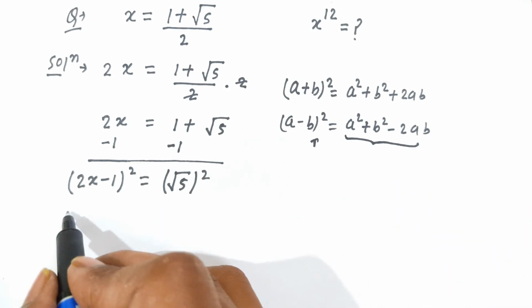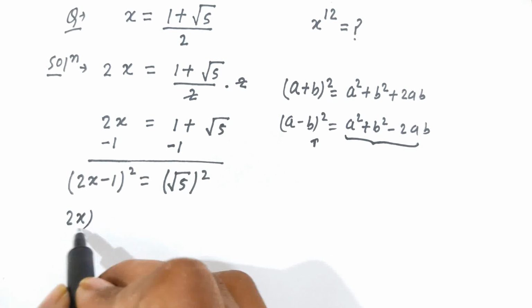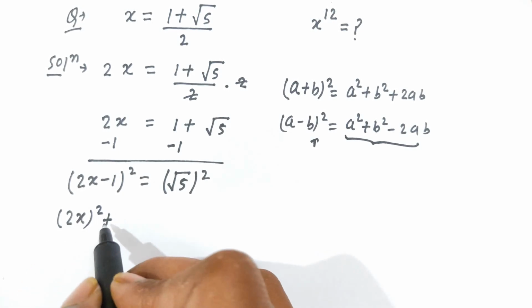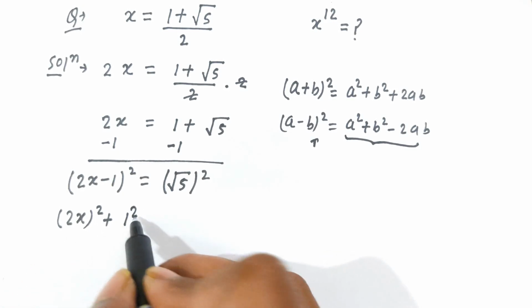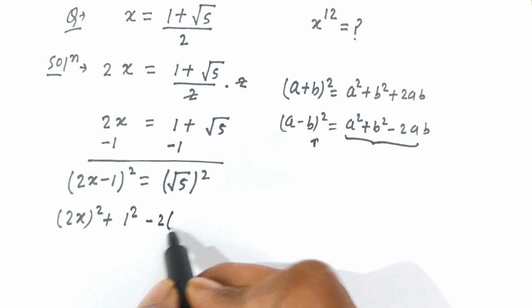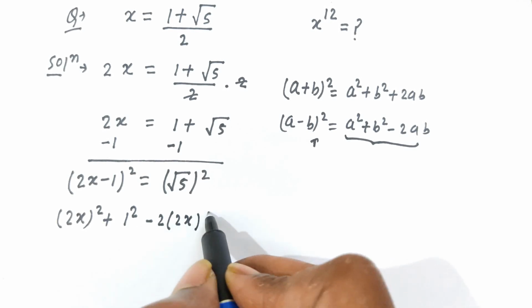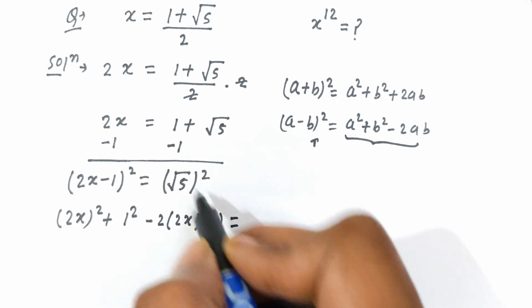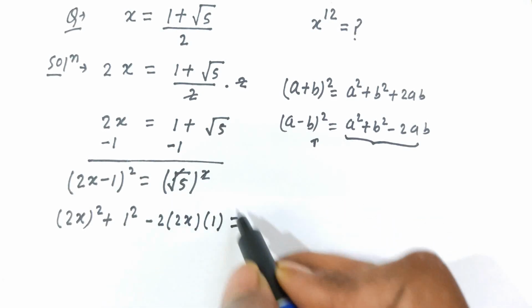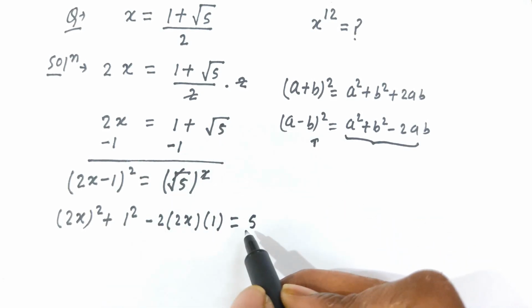So a square, where the value of a is 2 times x, square, plus b square, that is the value of b is 1 square, minus 2 times a, which is 2 times x, and b, that is 1, and this is equal to: the square root is cancelled out by this square, so here plus 5.